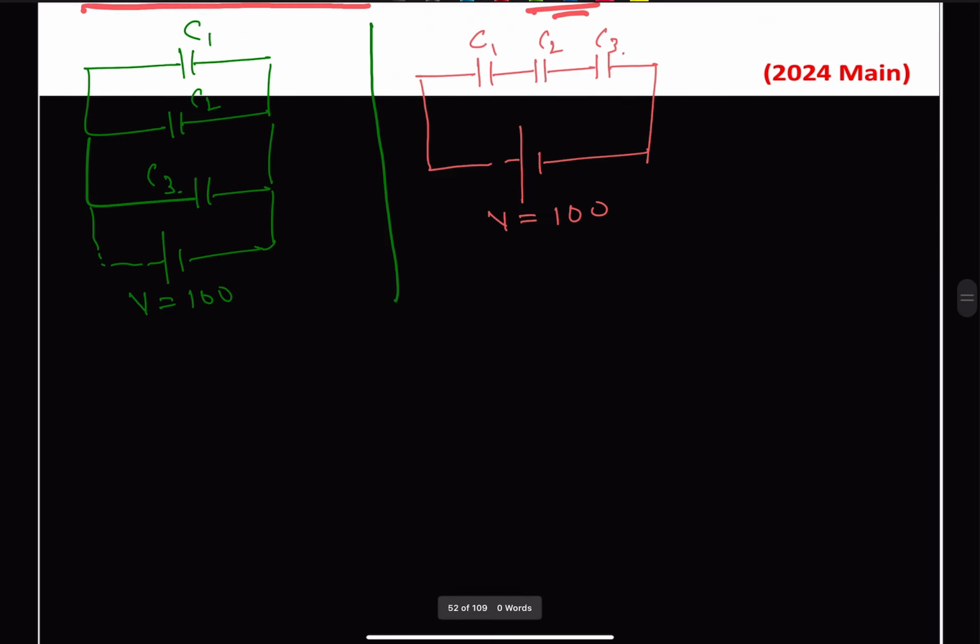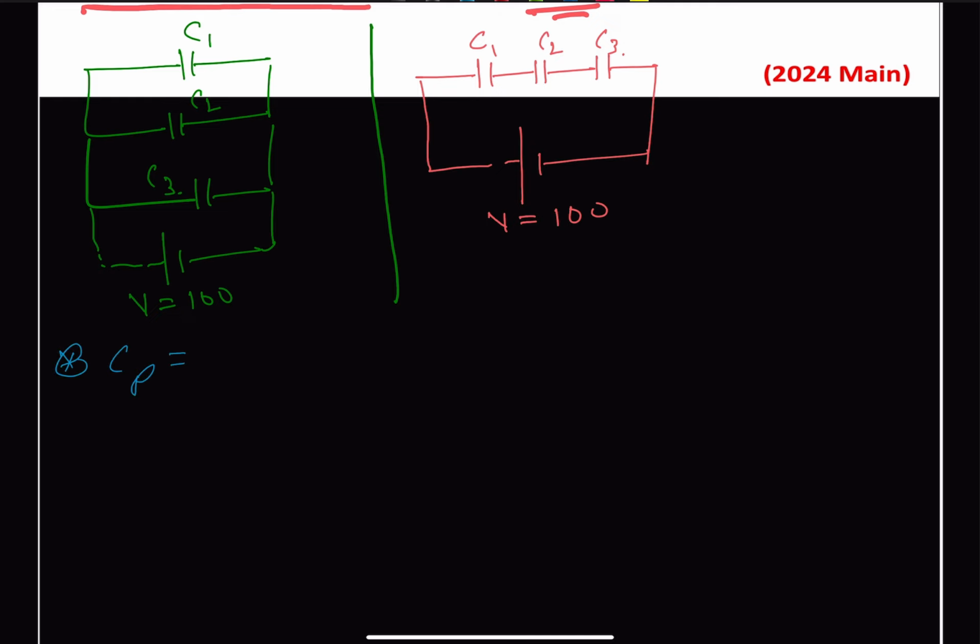And for parallel, let us suppose the equivalent capacitance is given as Cp. So this Cp will be equal to C1 plus C2 plus C3. So we substitute the value, we have this as 25 plus 30 plus 45, which gives us 100 microfarad.